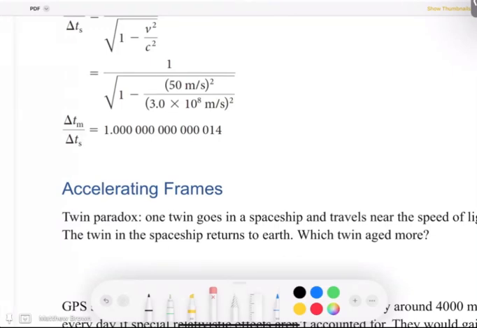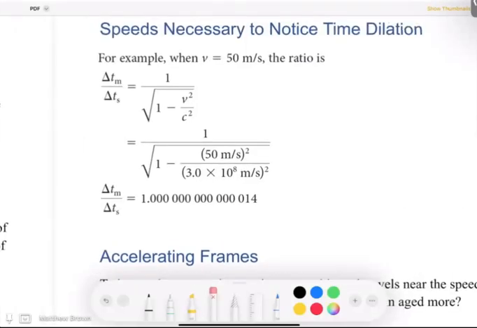I don't want to say all the zeros, but as you can see, the discrepancy is minute. So if you get a dynamics problem and you're dealing with regular, everyday Earth speeds, then just do regular dynamics, right? But if you get something where the speed is getting very close to the speed of light, then you have to change your equation.